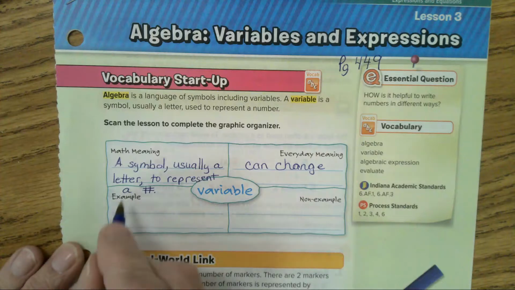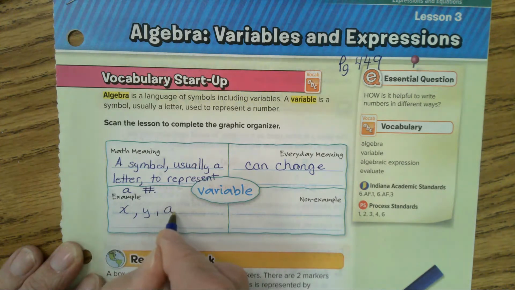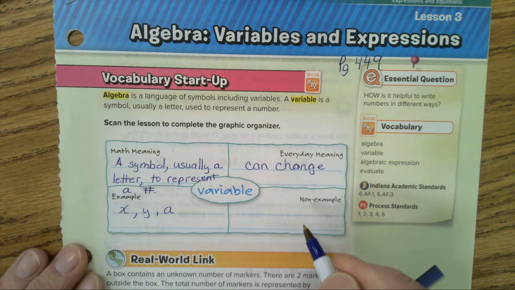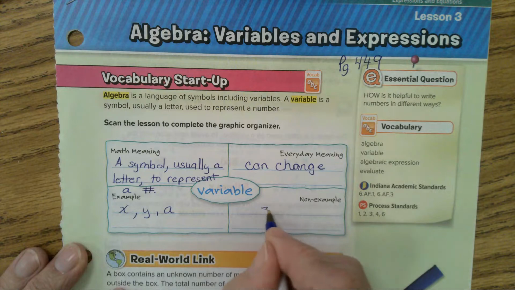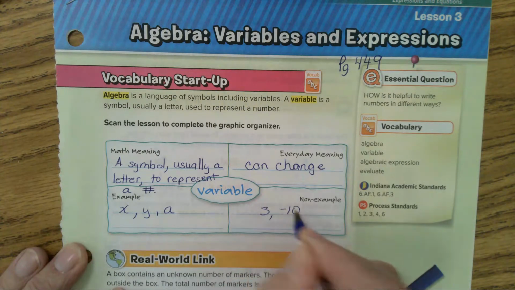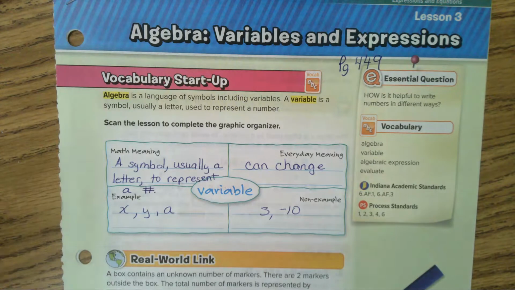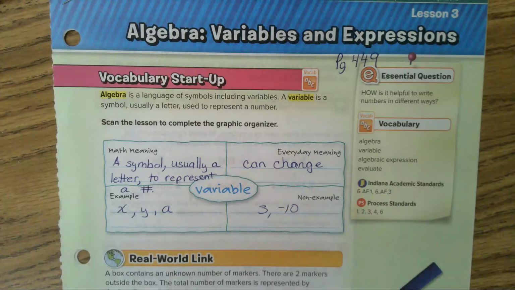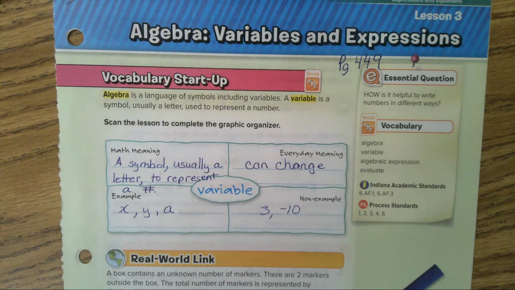The most popular one is X, Y, A. Any letter would be fine. And what are not examples? They're actual numbers. If you had a 3, a negative 10, those are examples of non-variables. They're actual numbers. Okay, we're going to skip the real world link below and go on to page 450. Make sure you have this copied down.